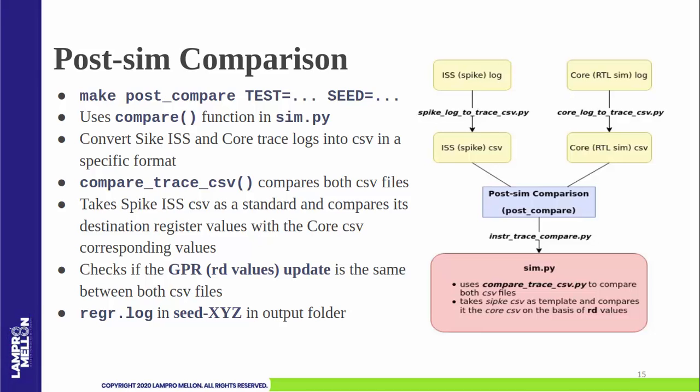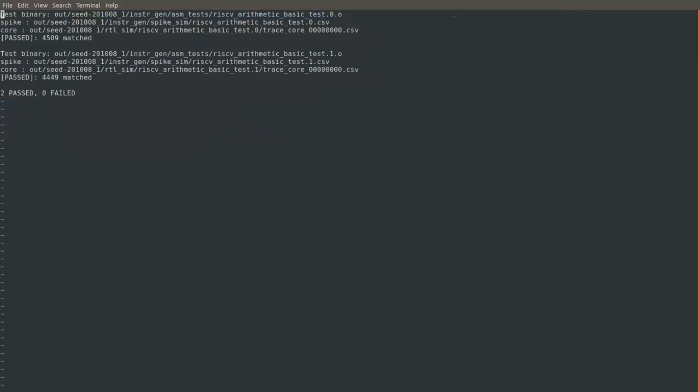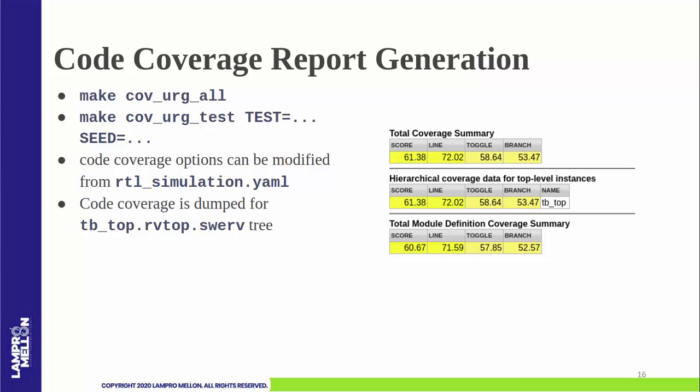Then instruction by instruction comparison begins. Instruction binaries along with the destination register updates are compared. The log of this comparison is generated in the regression log file, which lists the first few mismatches if there exist any. Otherwise, it prints a statement showing the tests have passed.